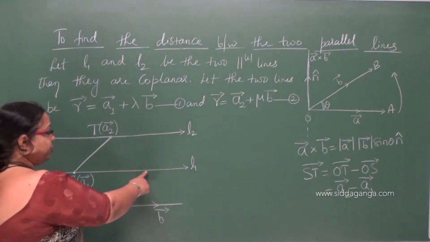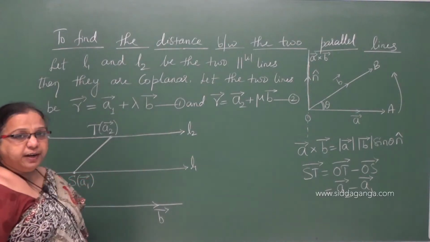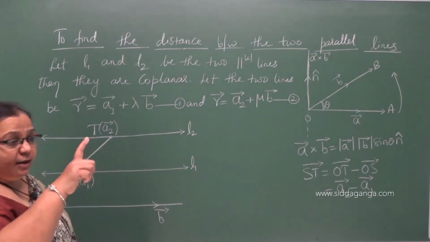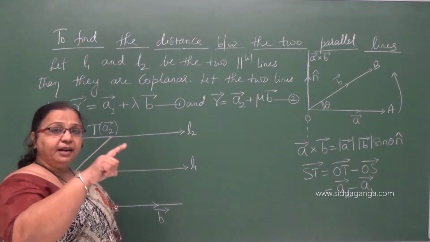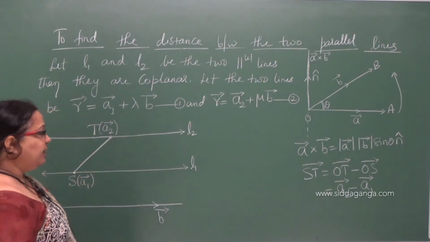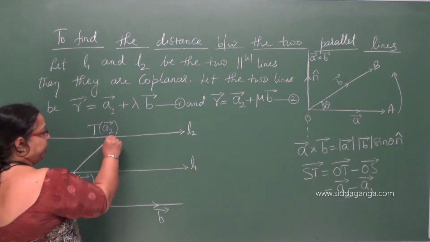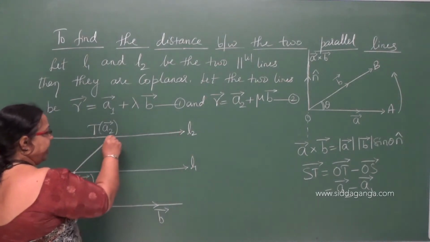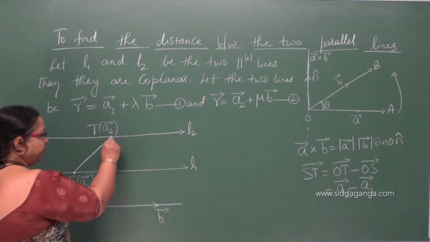Since these two lines are parallel, the distance between the parallel lines is nothing but we have to take a point on any line and draw a perpendicular.